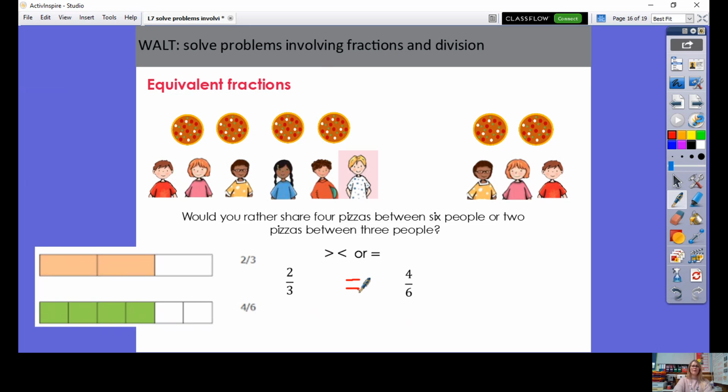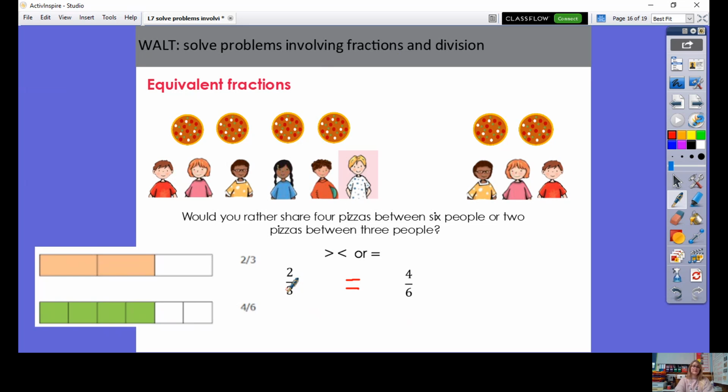So, which would you rather have? It doesn't really matter. So if I was in this group, it would just mean that my pieces are cut into smaller parts, okay? My slices would be half of the size, but I still have double the amount than here. So I'm getting the same amount of pizza, it's just cut up into smaller pieces, okay?